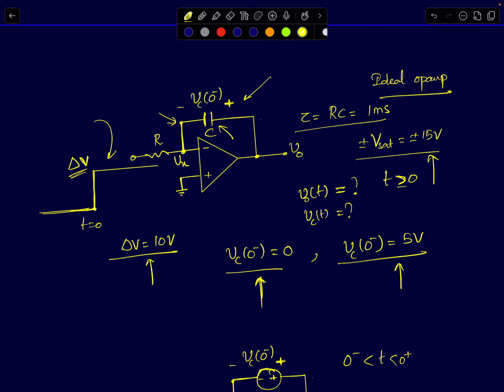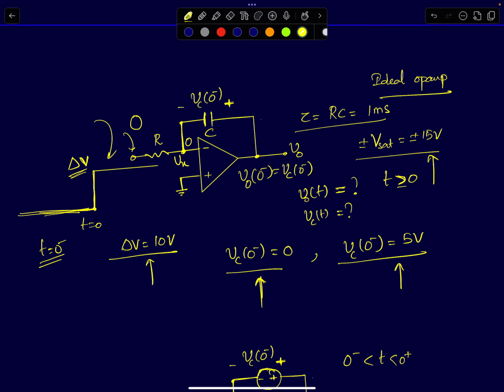If you recall from our previous lecture, if VC of 0 minus is 0 volts, we are assuming at t equal to 0 minus, the step hasn't arrived yet. So the input voltage at this node is 0 volts. No current flows through the resistor. Therefore, this node will be at 0, and the output node voltage V naught of 0 minus will be at VC of 0 minus.